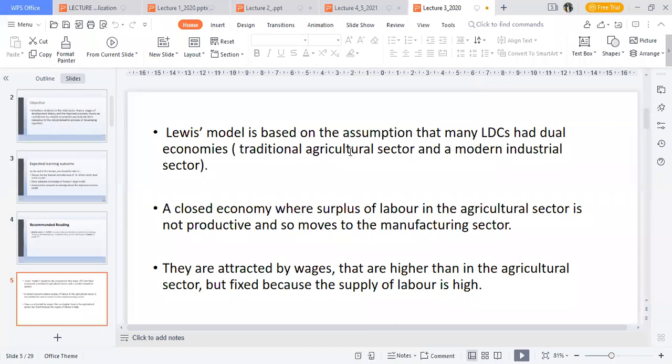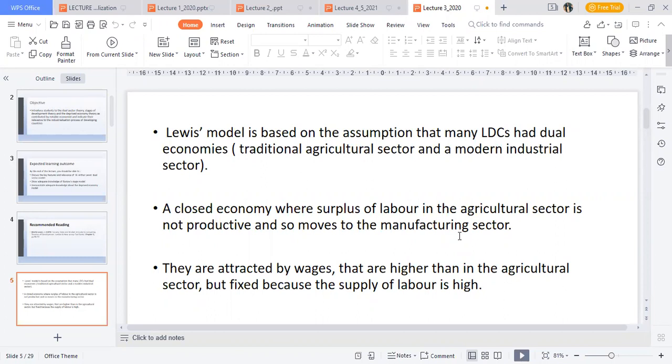These are some of the assumptions you're going to list. If it's an assumption, I'll tell you it's an assumption. One, this model is assumed to work in a closed economy, where surplus labor in the agricultural sector is not productive and so moves to the manufacturing sector. That's another assumption. So we have two sectors. One is a traditional agricultural sector.